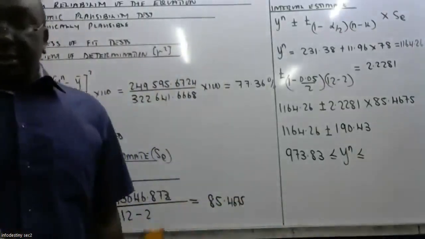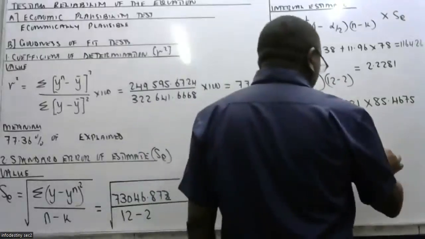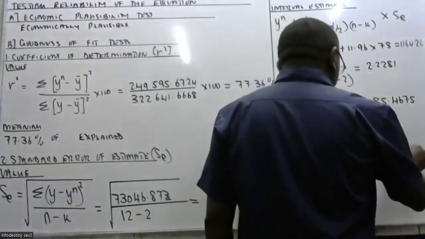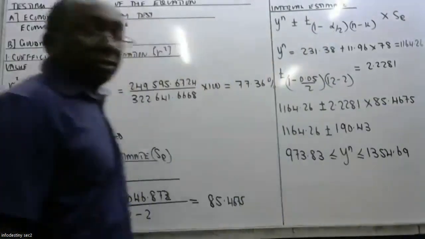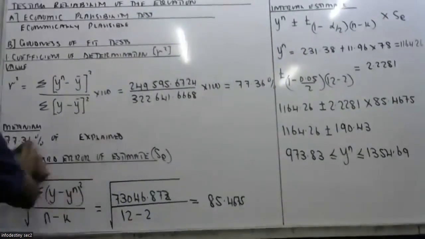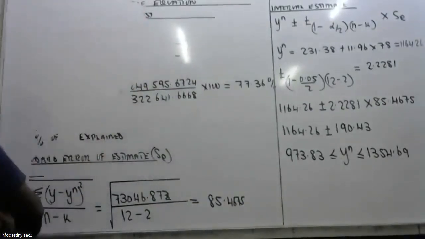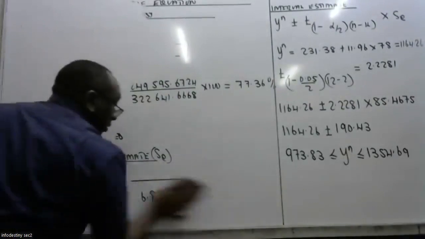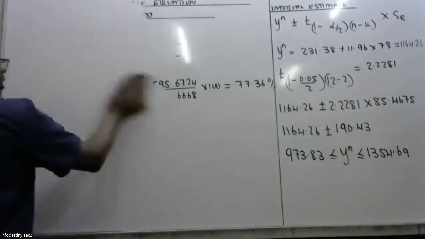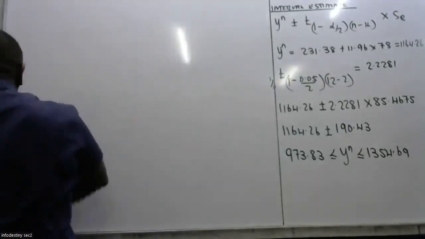Then you add, 1354.69. Good. So that is how we get the standard error of estimate.